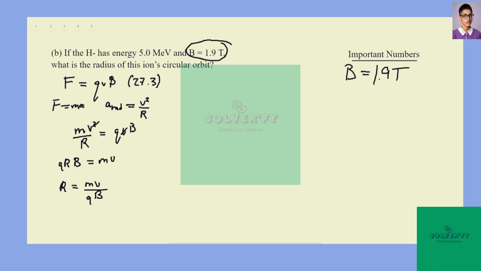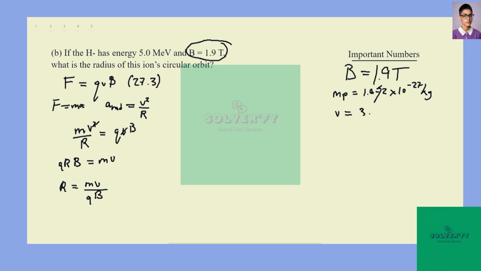So now we have an equation for r. We're going to go to our numbers step. Our important numbers that we may have remembered from the previous part was the mass of the proton. So the mass again was 1.672 times 10 to the minus 27 kilograms. We have the velocity from the previous part.